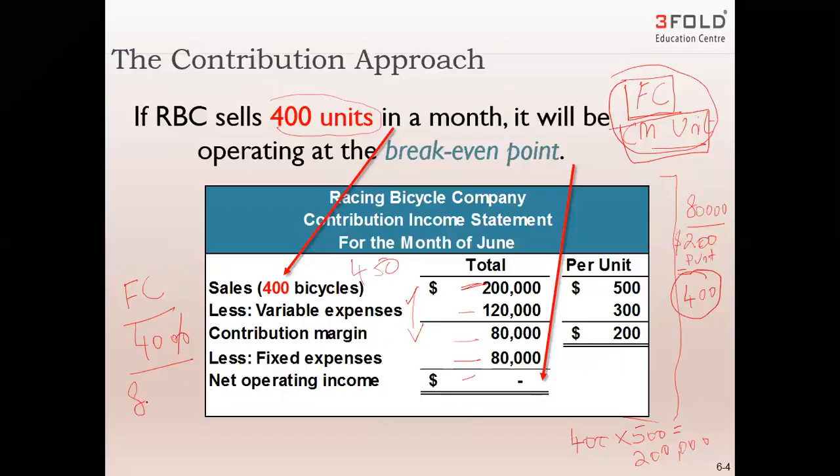If I take $80,000, which is our fixed expense, and divide that by 40%, which is our contribution margin ratio, this will fetch us the sales value of $200,000. Now, of course, we calculated it here, so we can find it this way. But let's say we don't have any of this information available. We just have the fixed cost and the contribution margin ratio available. We can arrive at the sales value.